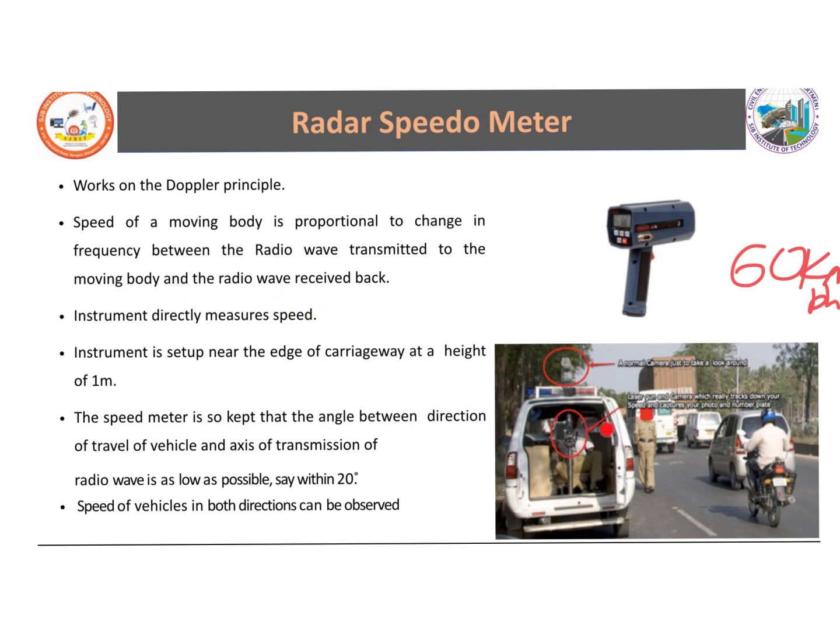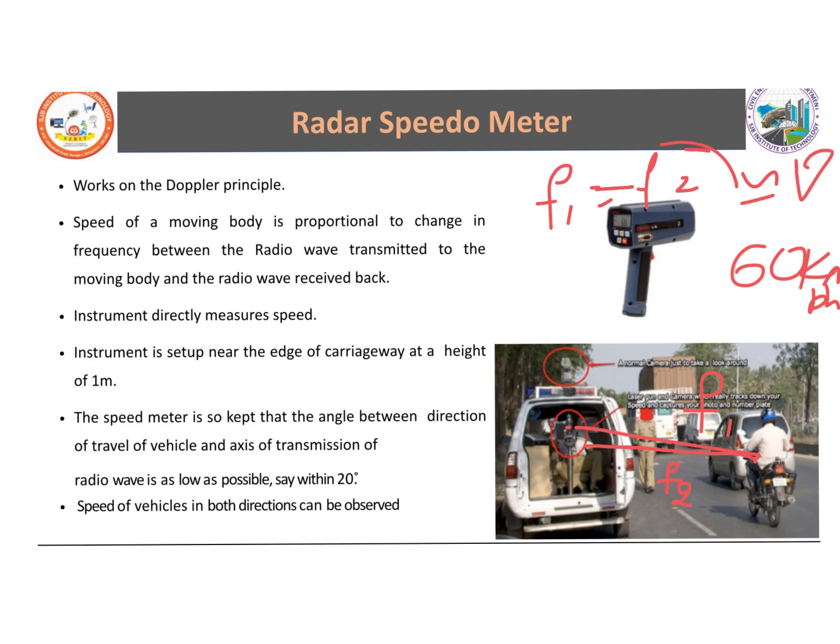For the radar speedometer, radio waves are sent to the vehicle with some frequency F1, and once this radio wave hits the body of the vehicle, it is reflected back to the radar speedometer. The frequency of the radio wave received back will be F2, and the difference in frequency, F1 minus F2, is proportional to the speed of the vehicle.